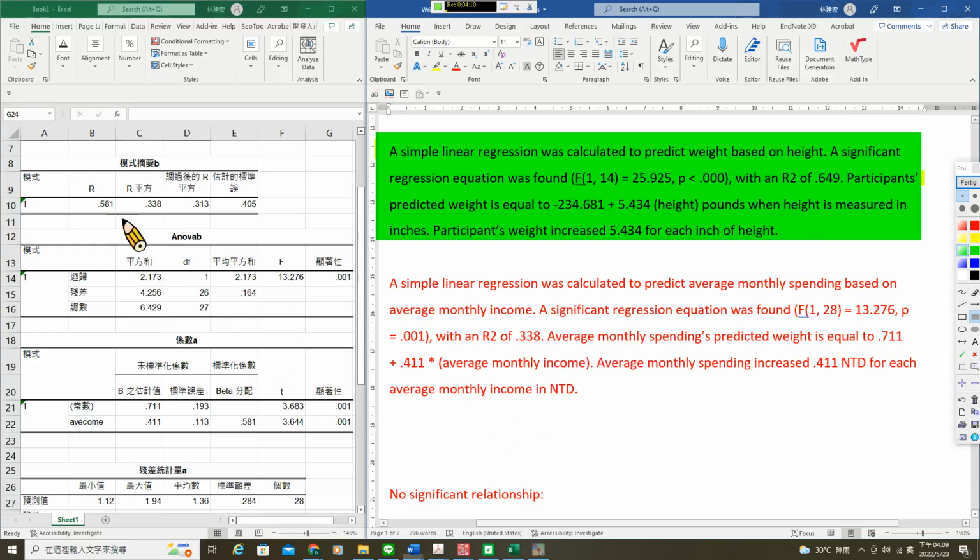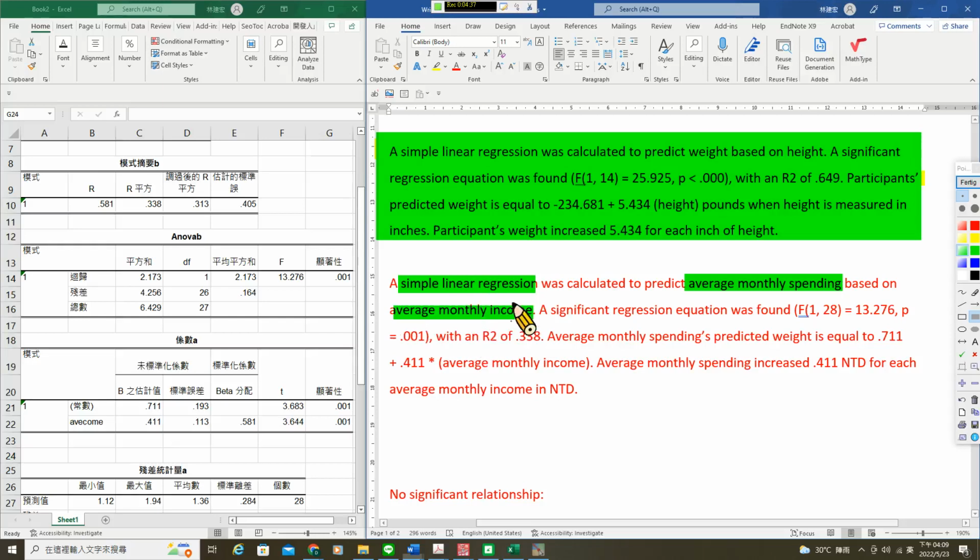So let's use the same output and same writing style to identify the components we need to write here. First, a simple linear regression was calculated to predict average monthly spending based on average monthly income.